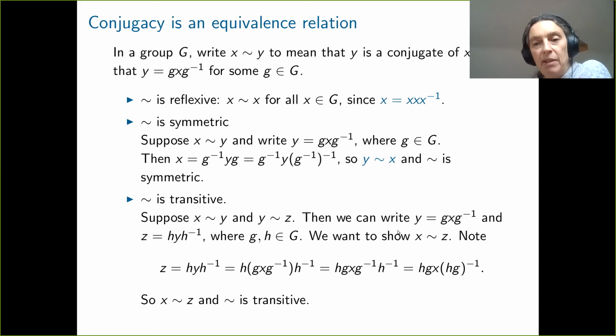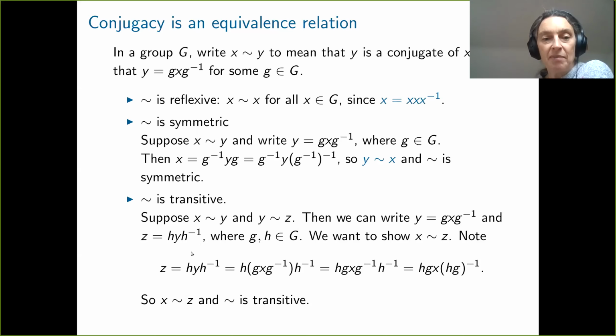Y is related to x, that means we can write y as gx g inverse for some element g of our group. Y is related to z, that means we can write z as hy h inverse, for some element h of our group. What we would like to do is show that x is related to z. In other words, that z can be written as something x something inverse.